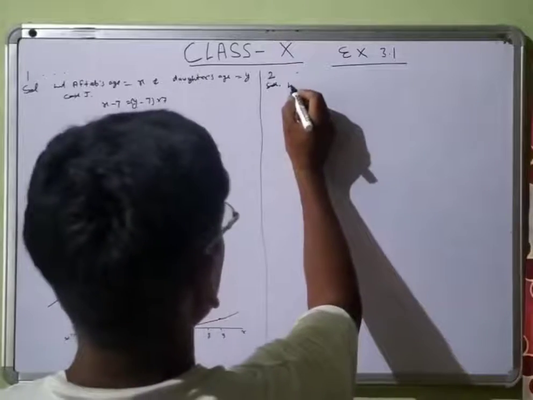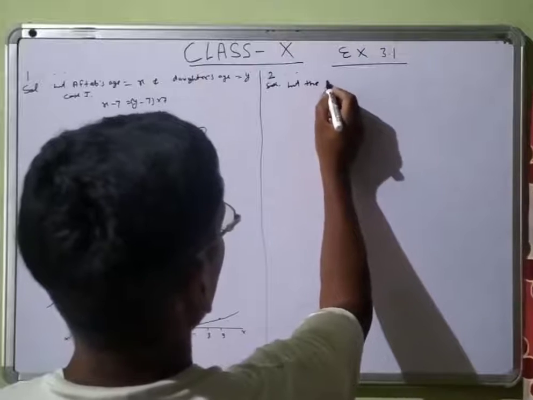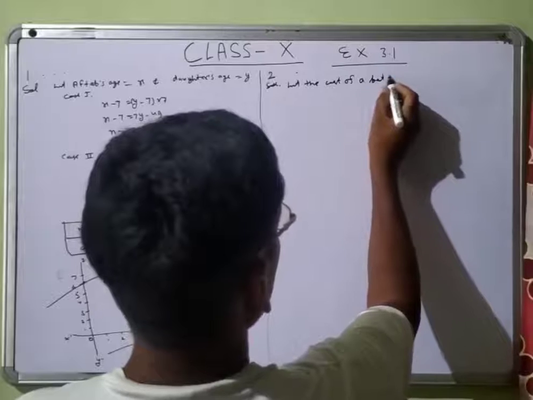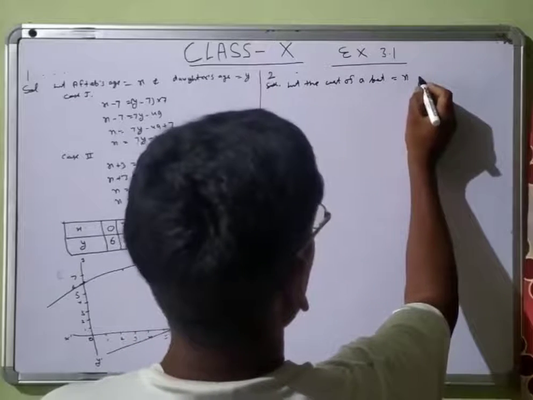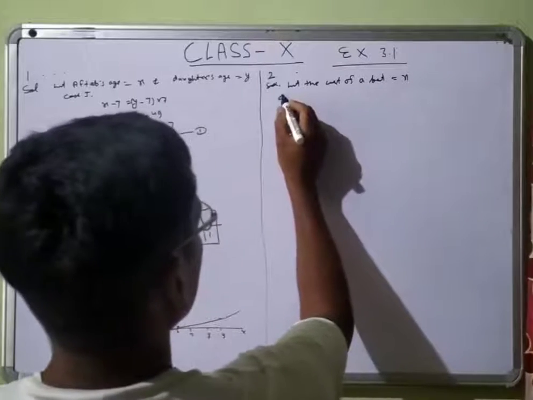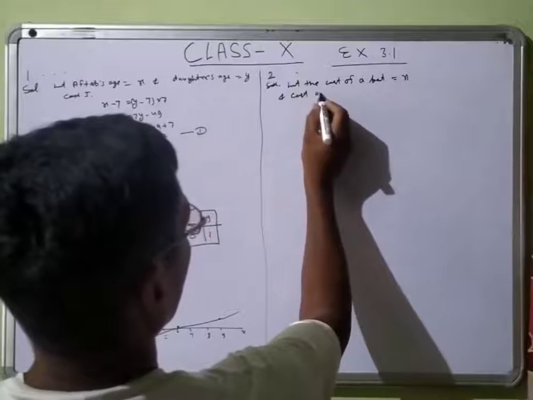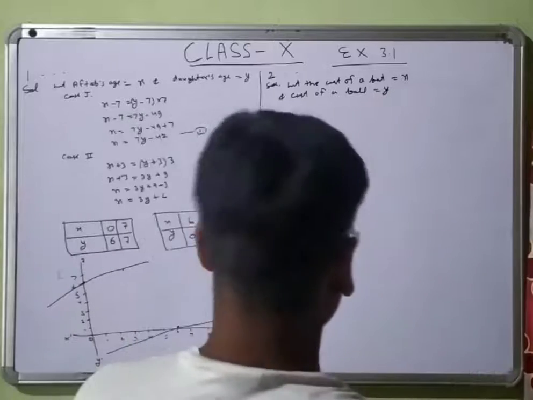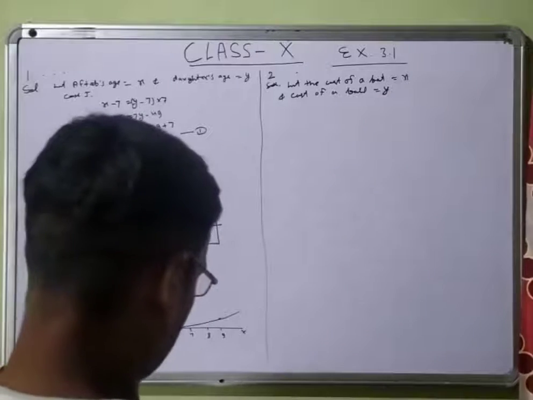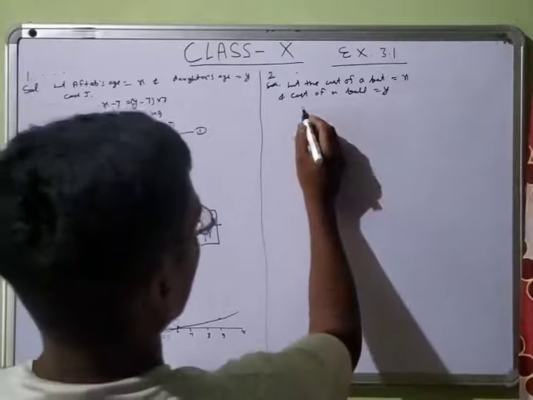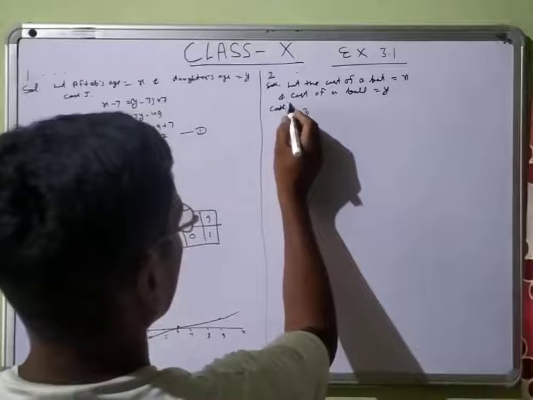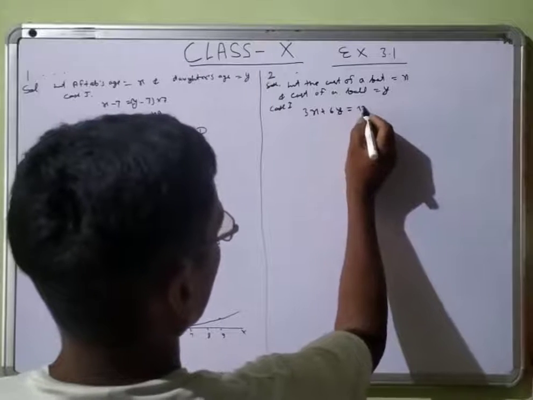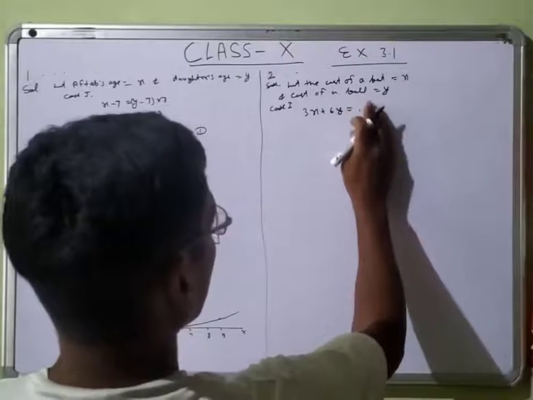So, let the cost of a bat be equal to x and the cost of a ball be equal to y, right? So case first: 3x plus 6y is equal to 3,900.